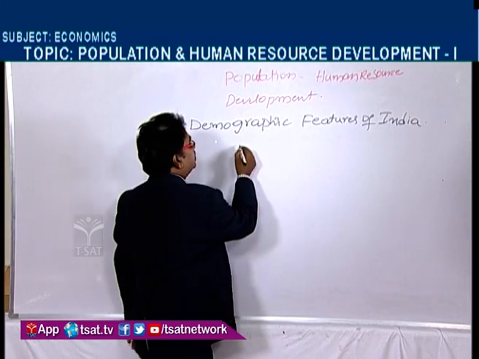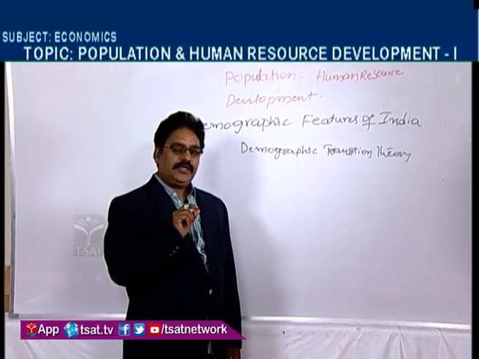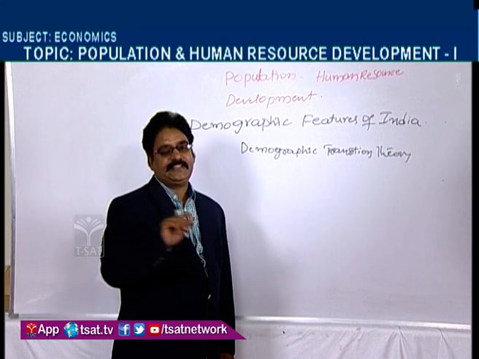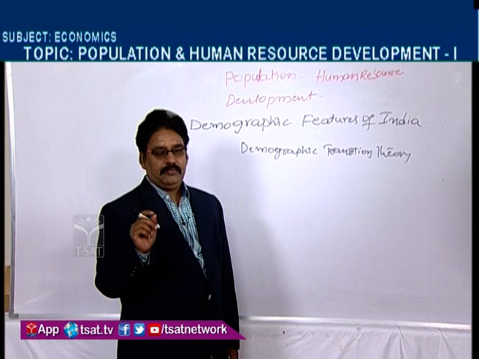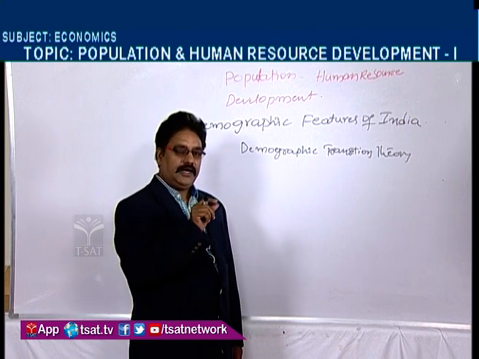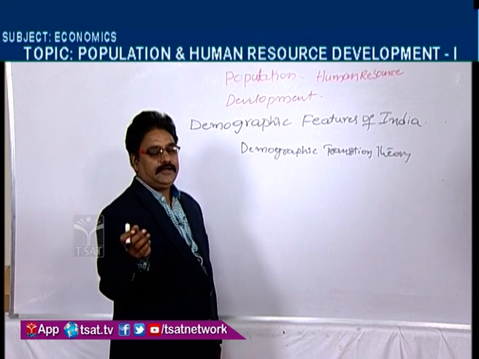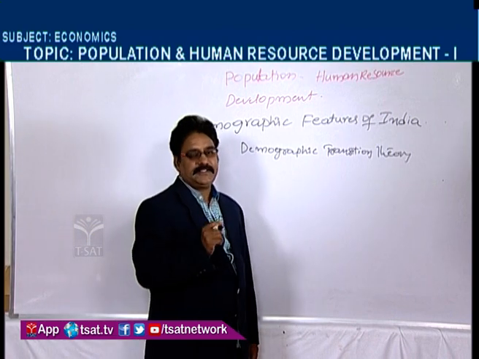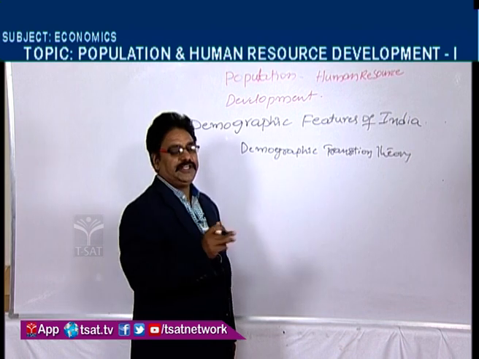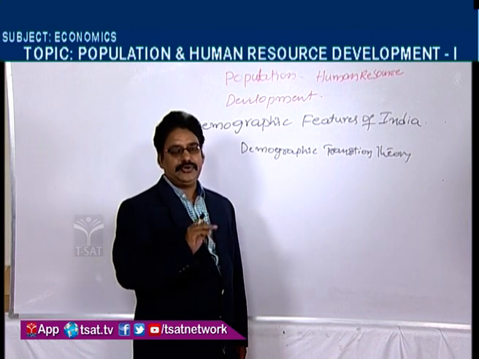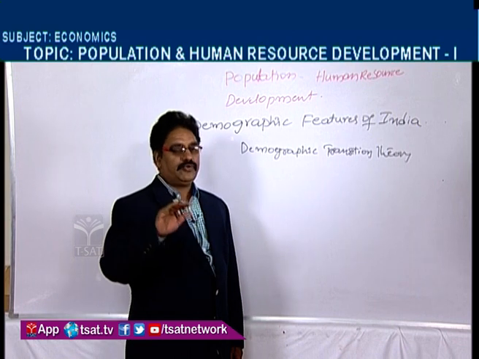During the economic progress of a country, it should pass through 3 stages: before developing, in the process of developing, and after developing. According to the demographic transition theory, every country must cross these 3 stages during economic progress.